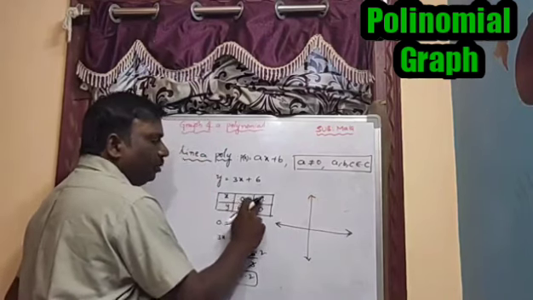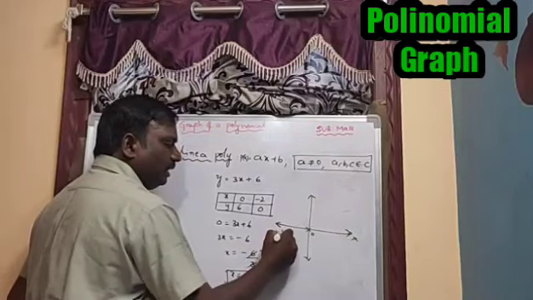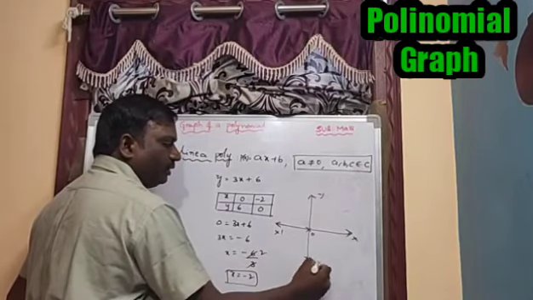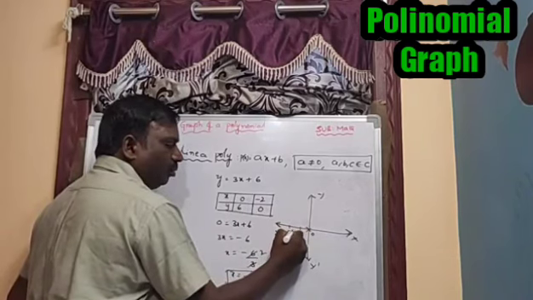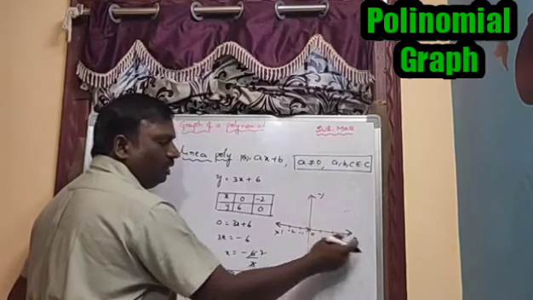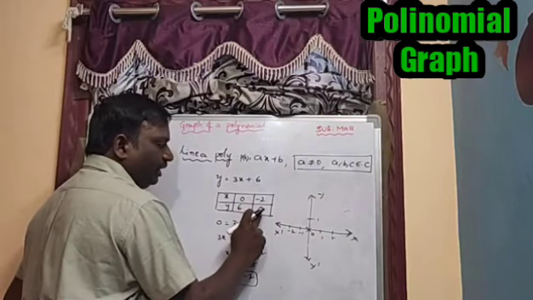Now draw the graph for this polynomial. See here, x values are 0 and minus 2. This is the origin, x, x dash, y, y dash. For x we take minus 2, minus 1, 1, 2, and for y up to 6 we need.